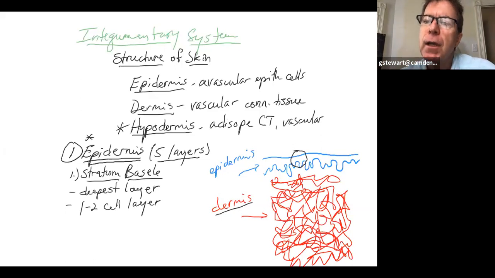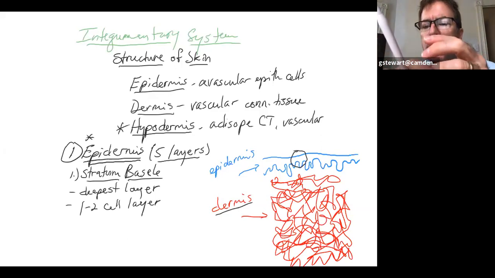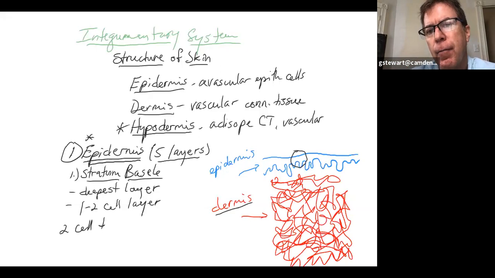Now, what's very unique about this layer is what's going on in that very thin layer. So I'm going to most likely switch over to a new whiteboard very quickly, but there are basically 2 cell types in this layer. There's a third, but it's kind of rare. There's 2 main cell types in this layer.